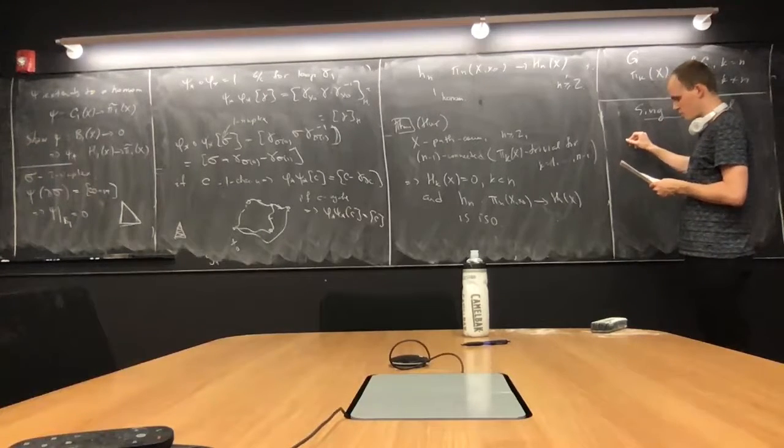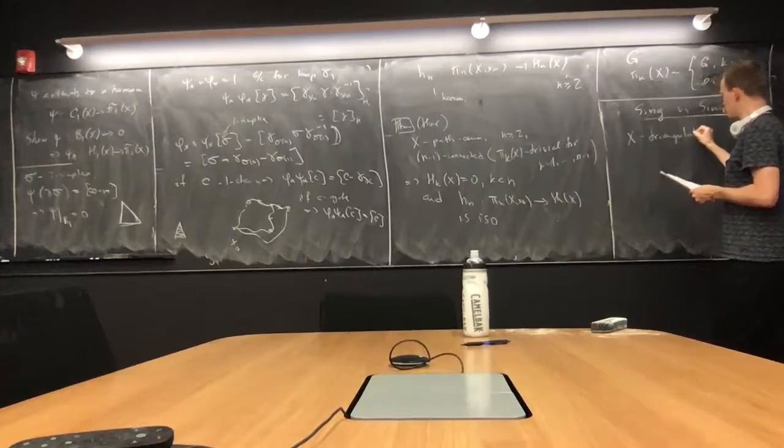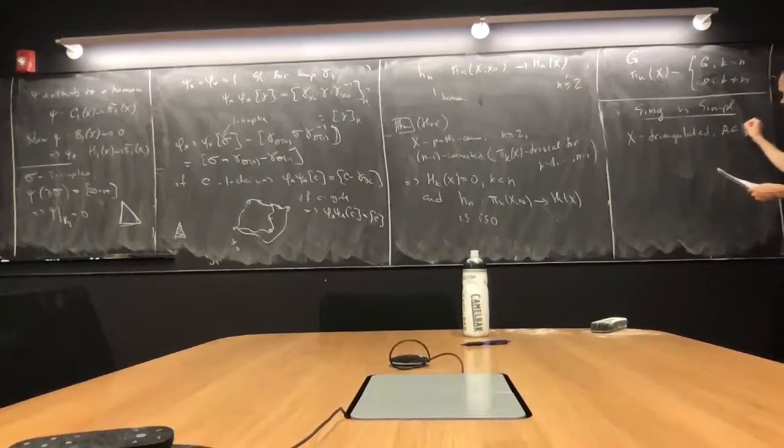First of all, let's say X is triangulated, and A is a subcomplex, a union of simplices in X, which is a simplicial complex.